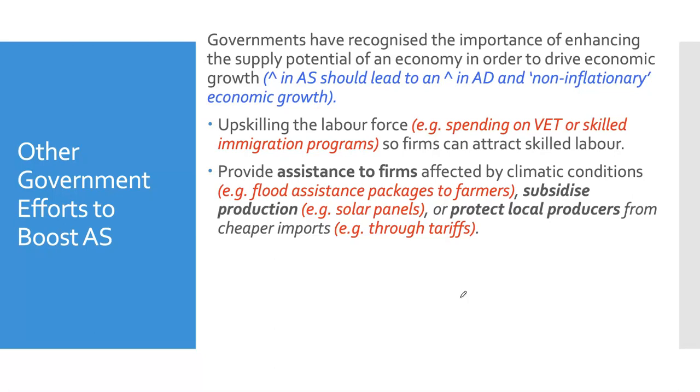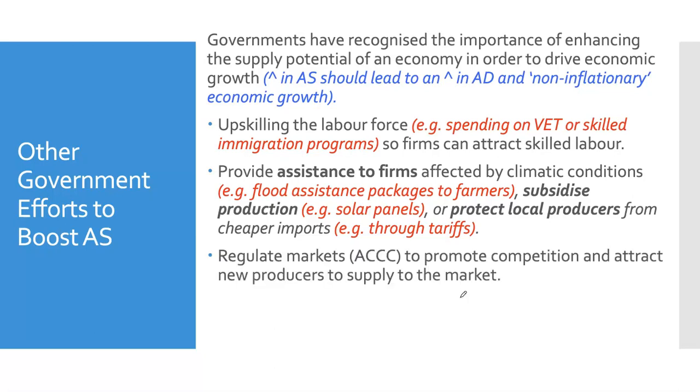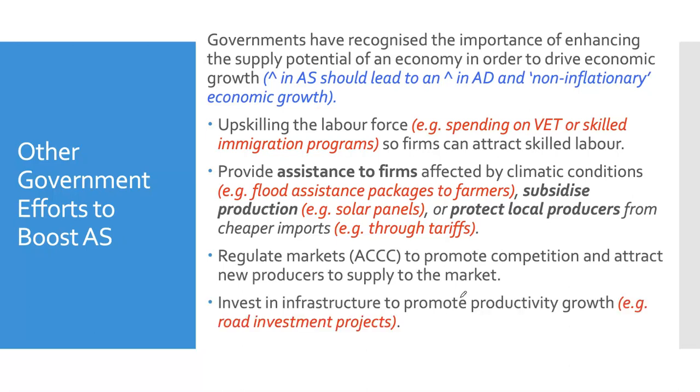They might subsidise production if they think it is a really beneficial product that they're producing, or they might look to protect local producers from cheaper imports through tariffs. They also make laws to try and promote competition, and invest in infrastructure to promote productivity growth.